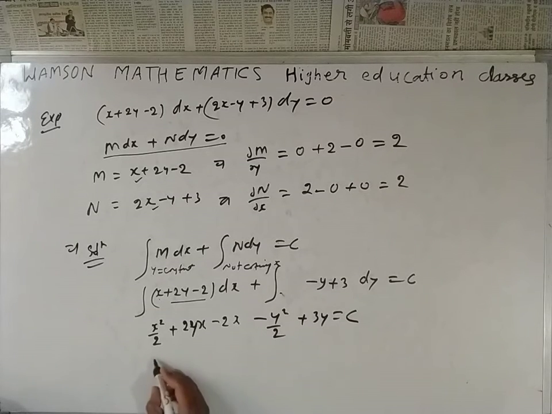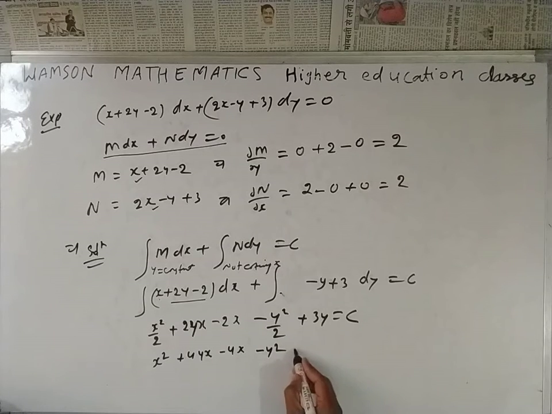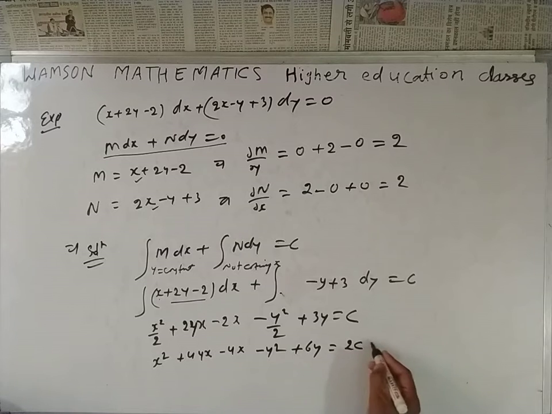Now multiply by 2, so x square plus 4yx minus 4x minus y square plus 6y is equal to 2c, and now 2c is nothing but c1. Take 2c equal to c1, a constant, because this is constant, so this is also constant.